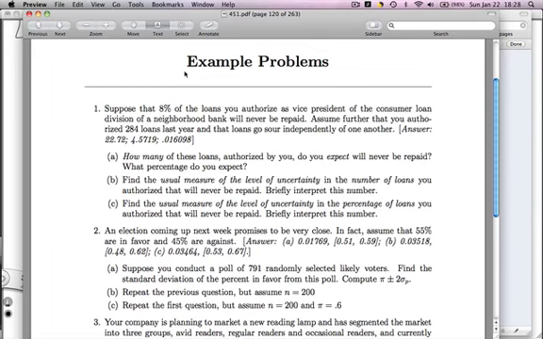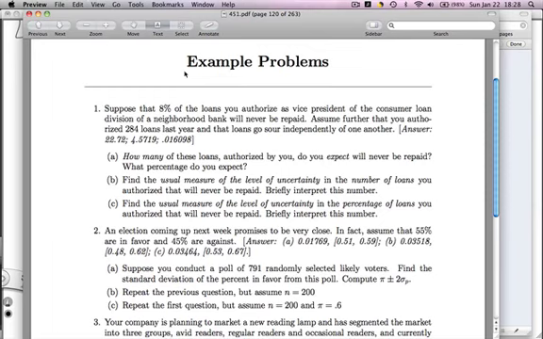The first part reads, how many of these loans authorized by you do you expect will never be repaid? Now, I've helped you a little bit in the statement of this problem with the italics. These words, expect as well as how many, are keywords. How many is telling you that it's a count, right?